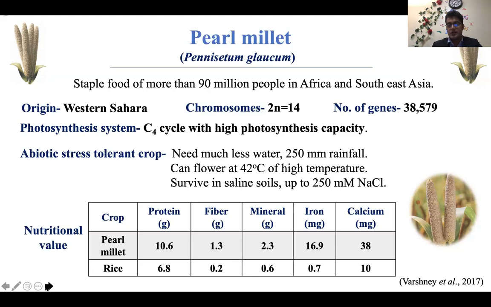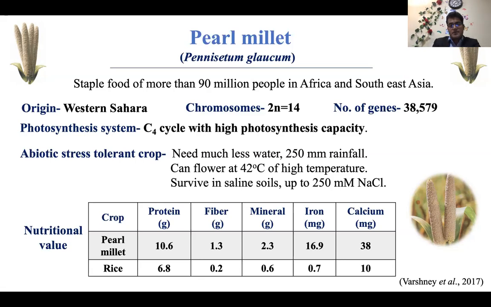It is diploid, with chromosomes 2n equal to 14. And in 2017, Rajeev Varshney's group at ICRISAT sequenced the genome of pearl millet and estimated 38,000 genes in pearl millet. And it has very high photosynthesis capacity as compared to other crops.